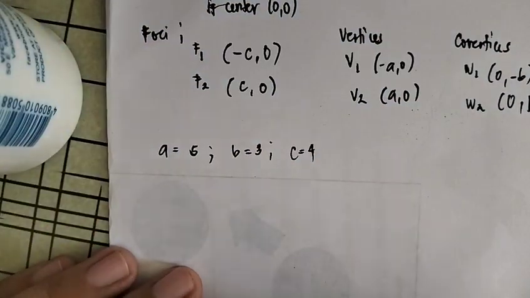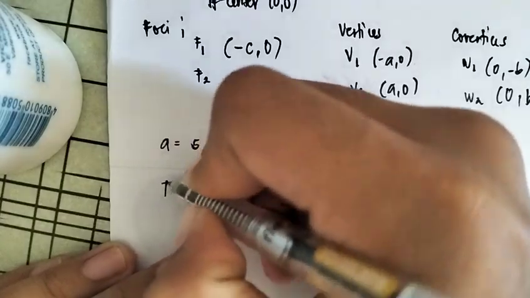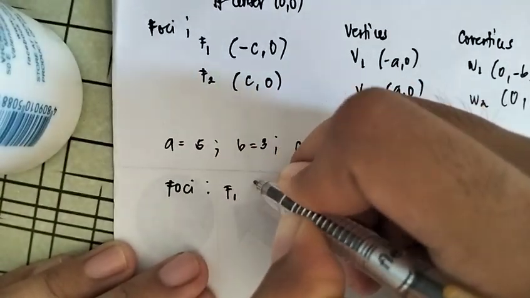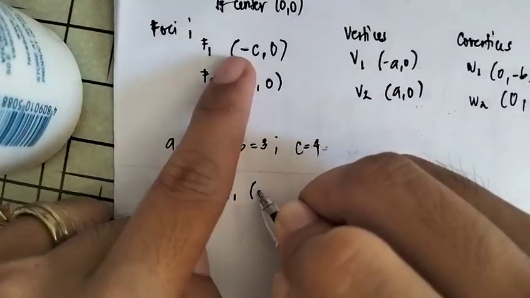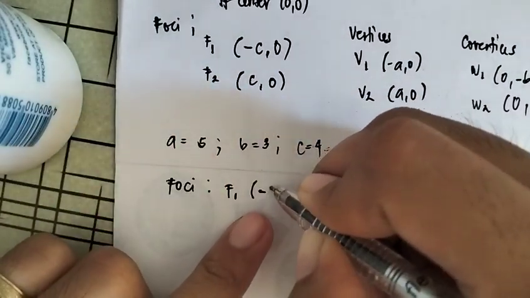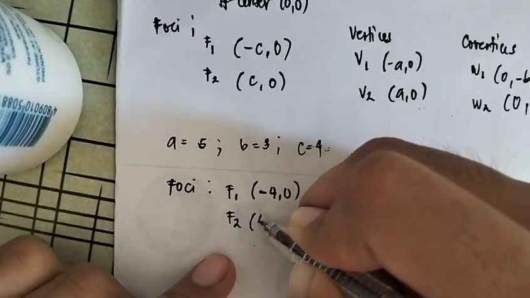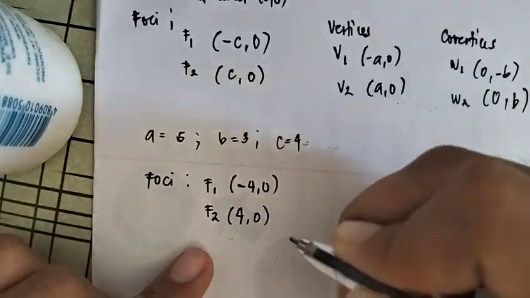So, the foci: F1 is negative c, 0, so negative 4, 0, and F2 is 4, 0.